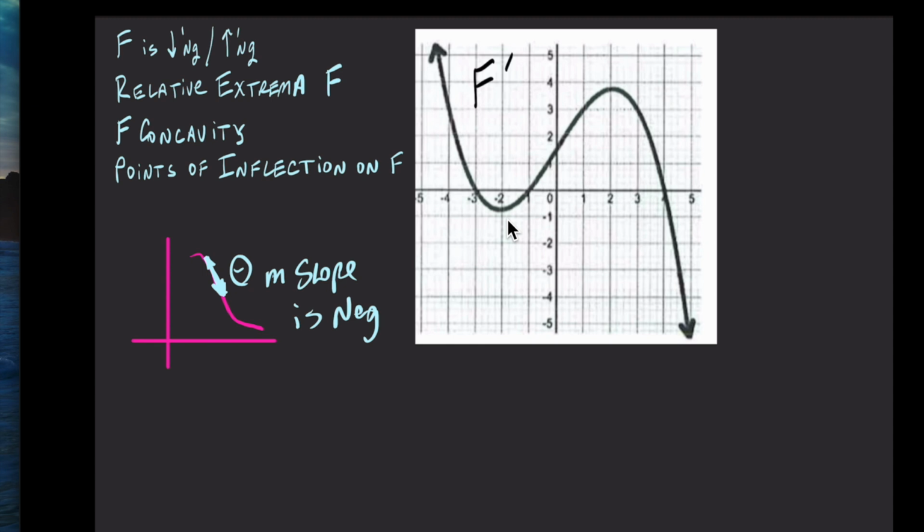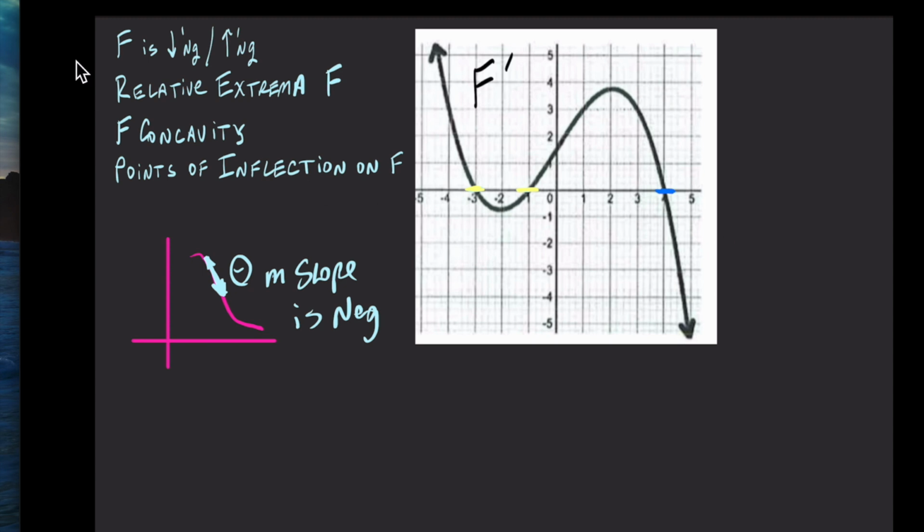That means that it is going to be from x equals -3 to x equals -1, where f prime is negative. That is going to be where f is decreasing. Similarly, it's going to be in this zone here, where x equals 4 all the way to positive infinity.